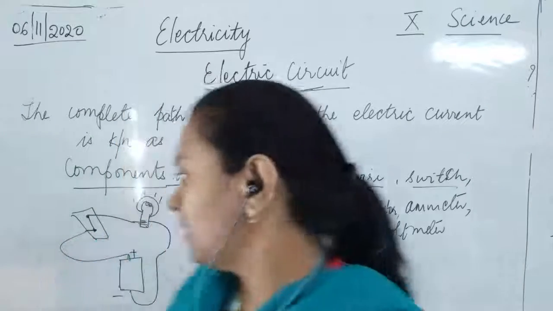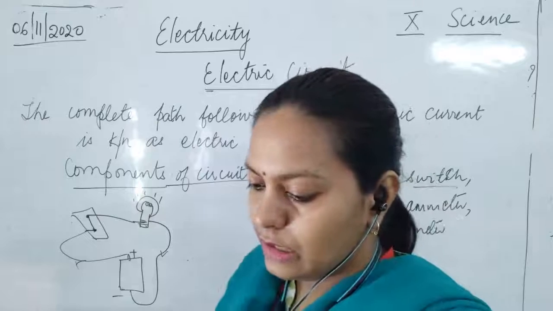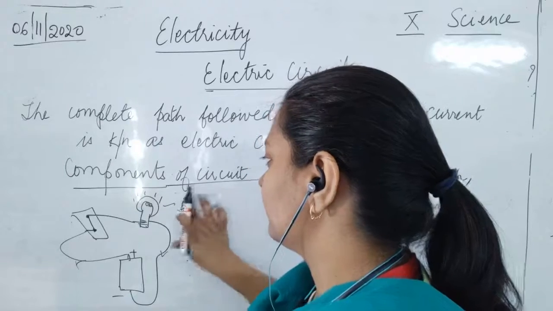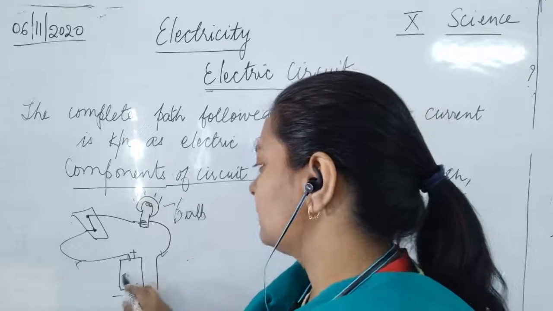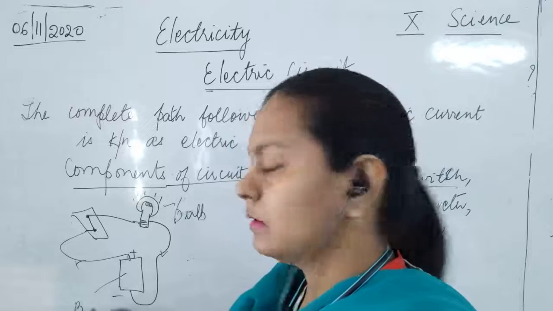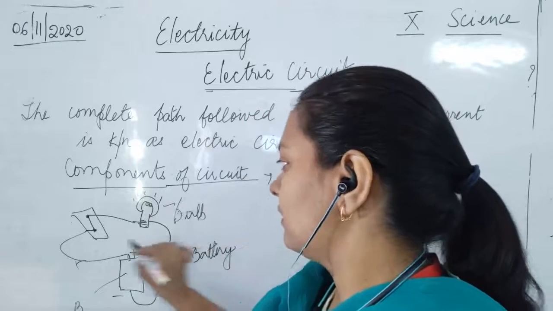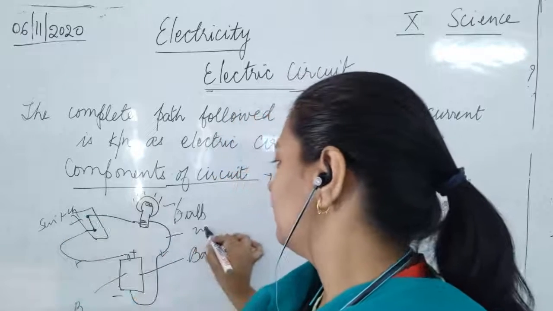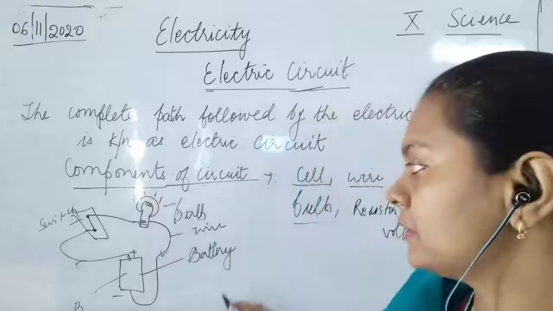So the current will always flow from positive to negative, and this bulb is glowing. This one is the battery, this is the switch, and these are wires. So these are the basic components of a circuit.